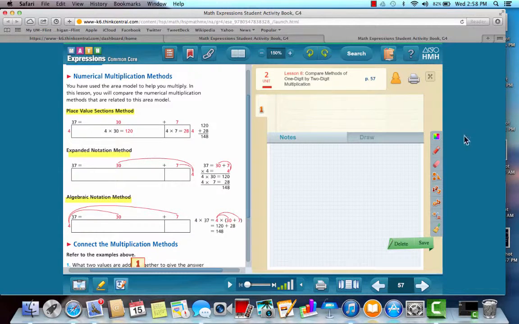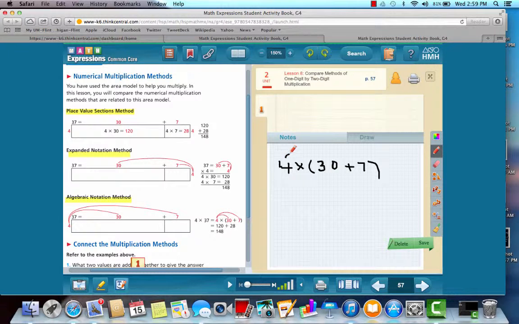So you end up with 4 times 37. They break it apart just like they did before. They take and they multiply 4 times 30 plus 7.